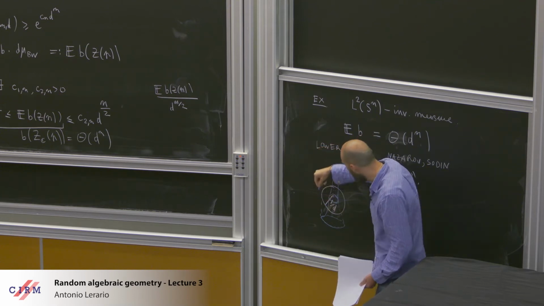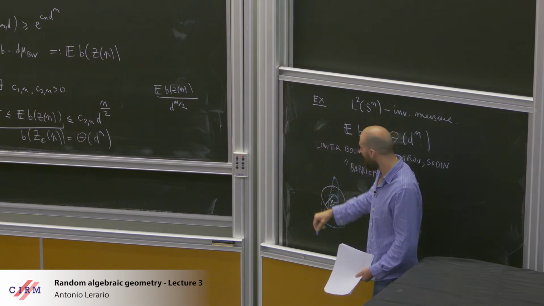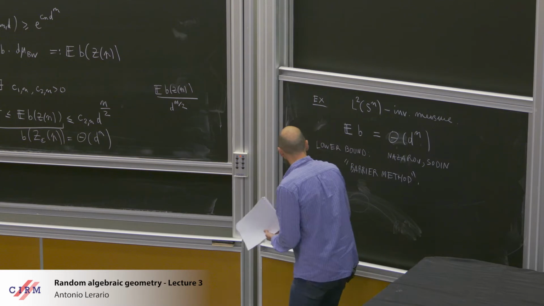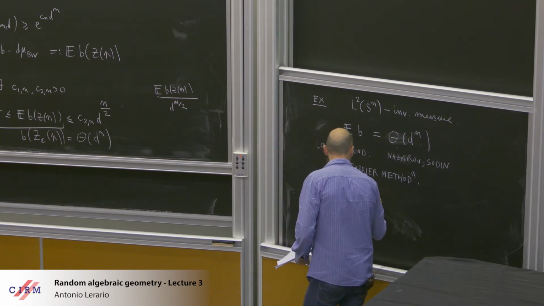So in particular, there must be a component inside your zero set. They just proved that this event has some positive probability.